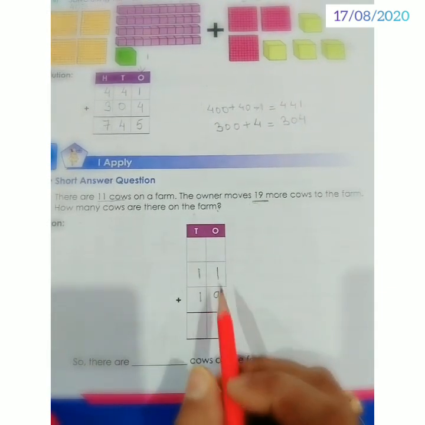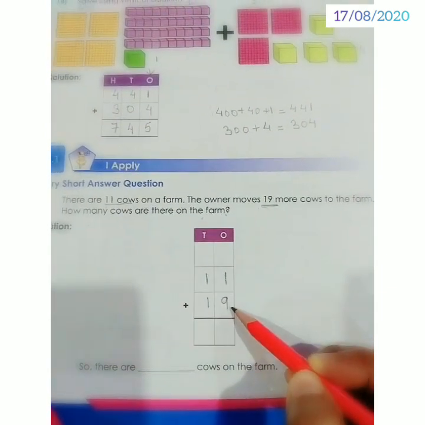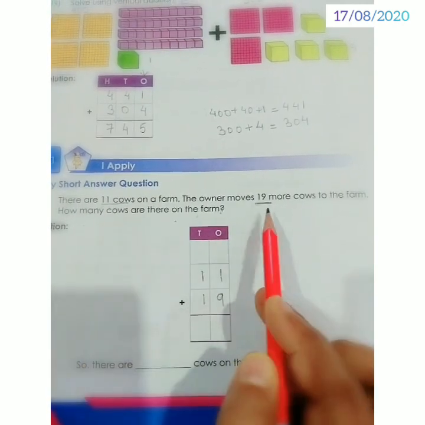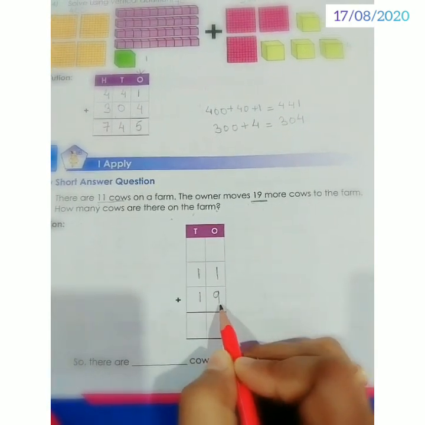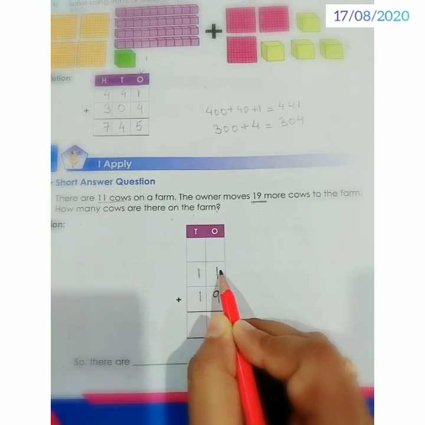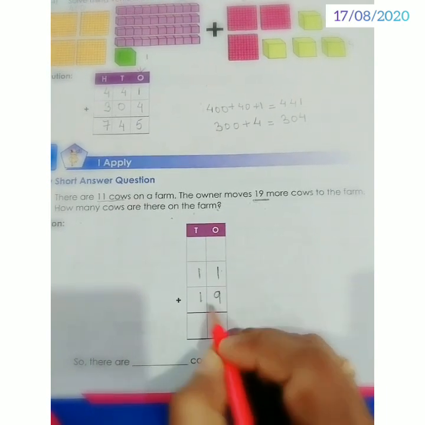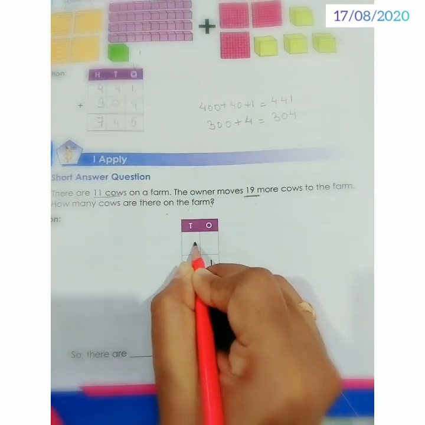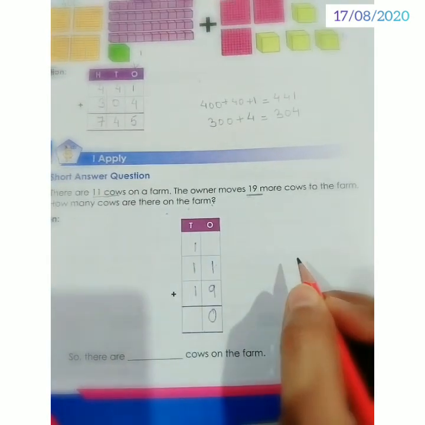Now let's add it up. Because the question says how many cows are there, that means 11 plus 19. So let's do it. 9 plus 1 is 10, isn't it? So we have to write 0 over here and 1 will be carried.